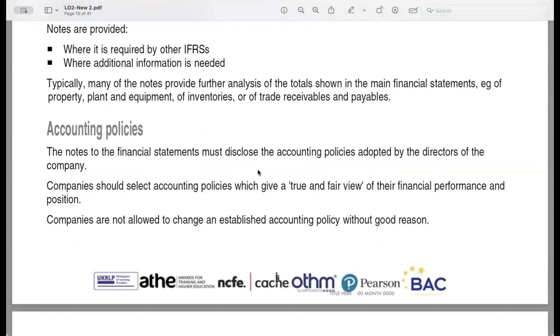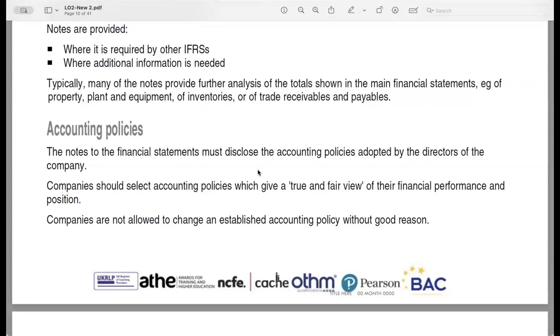Accounting policies are one of the key elements disclosed in the notes, the accounting policies adopted by the company's directors. These policies are crucial because they ensure that the financial statements give a true and fair view of the company's financial performance and position.